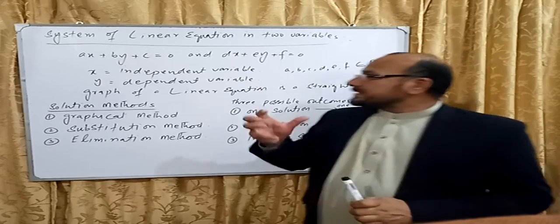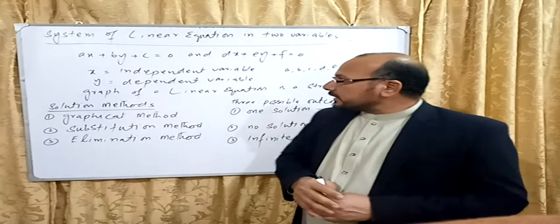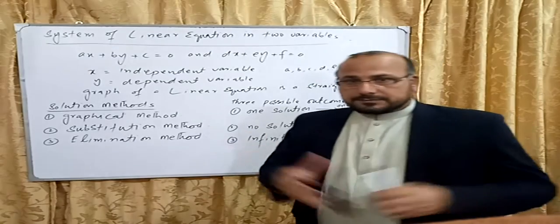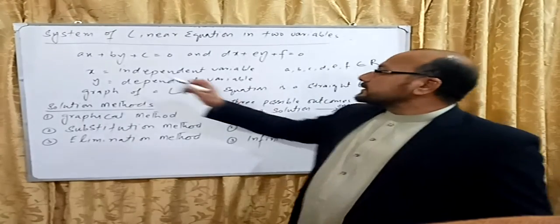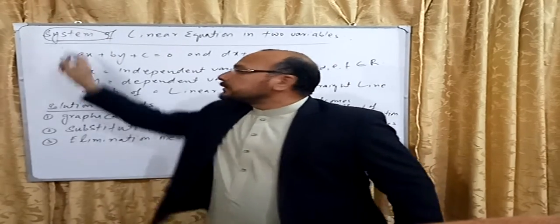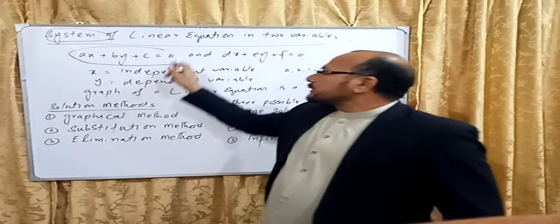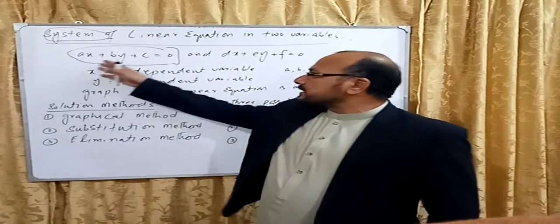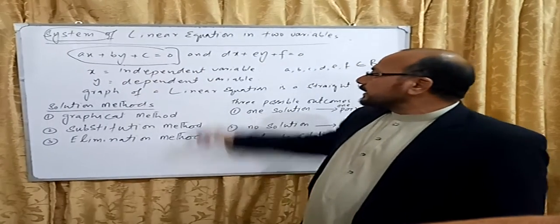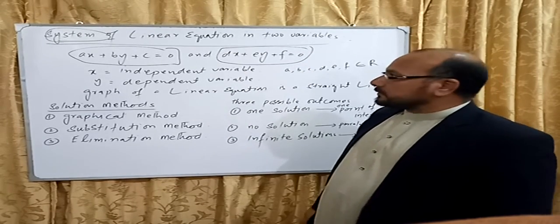First let me explain the standard form of the system of linear equations. The system means here we have two linear equations. The first one is in standard form, ax plus by plus c equal to 0, and the second one is dx plus ey plus f equal to 0.